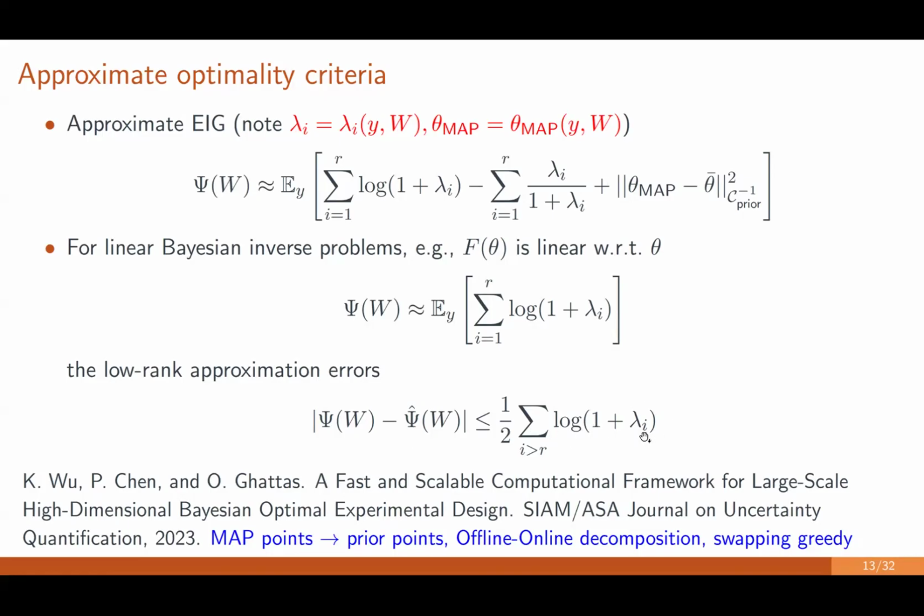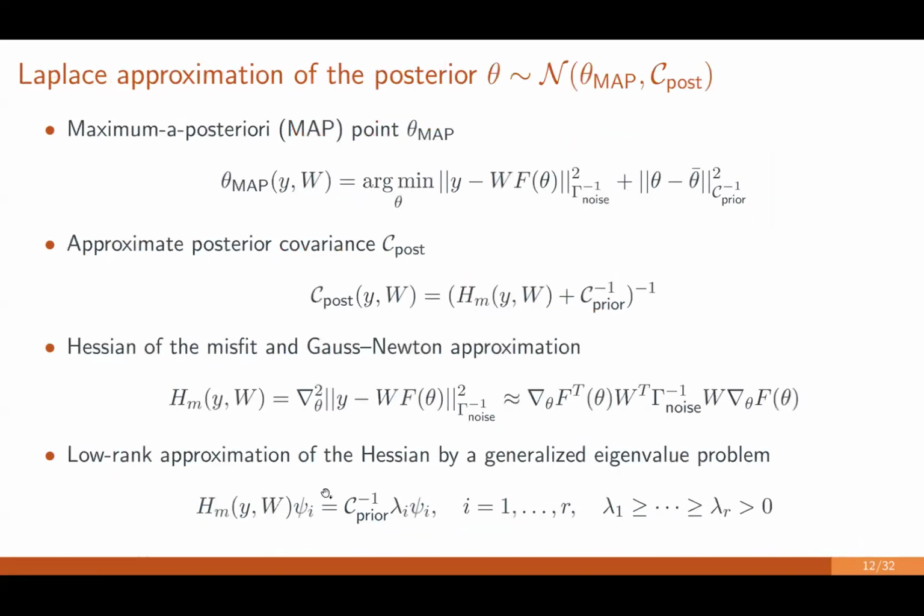Suppose the eigenvalues decay pretty fast, then this log term becomes very small. You truncate it up to R terms. So relatively speaking, you can compute this EIG by essentially solving for the eigenbasis with a randomized eigenvalue problem.